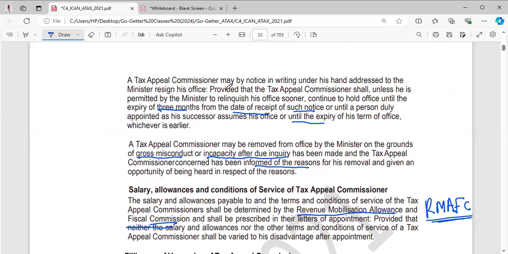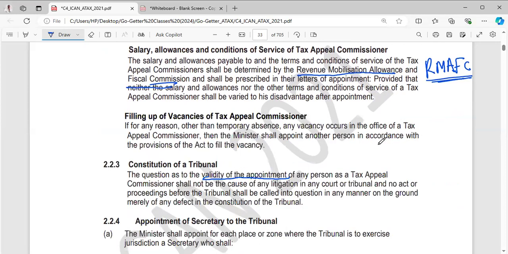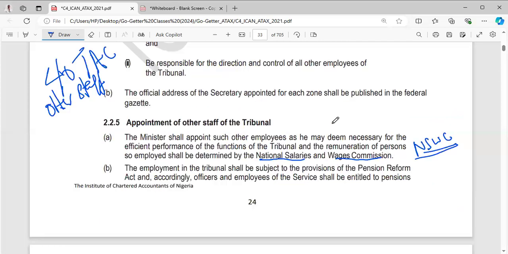Now there are other staff that could work for them, and their remuneration is determined by the National Salaries and Wages Commission. So these are some of the things you need to know about objection or dispute resolution. So you could get a past question.